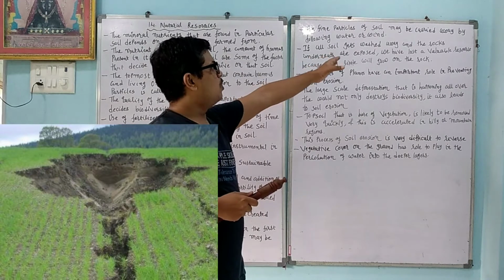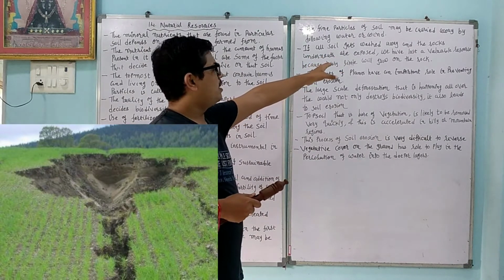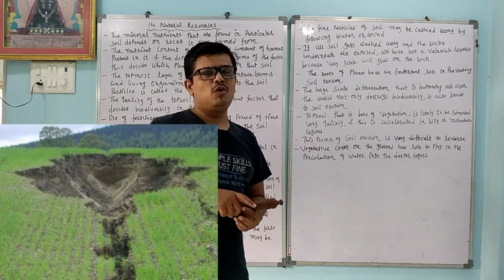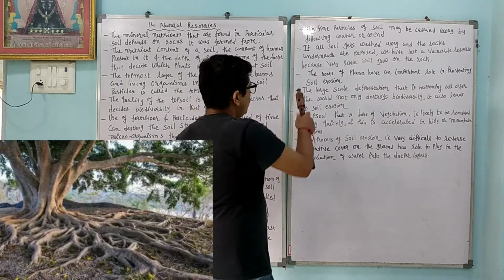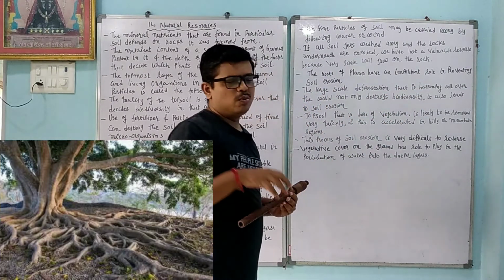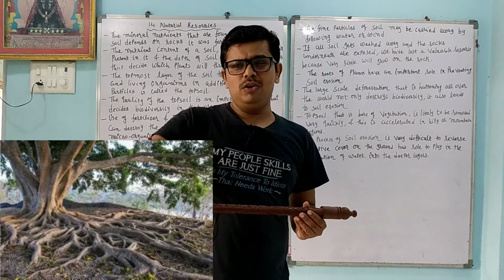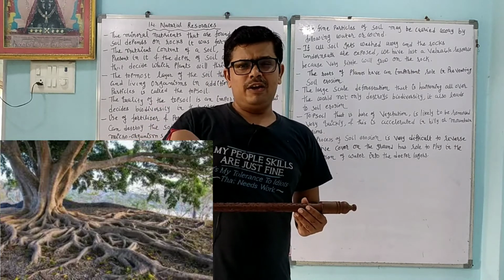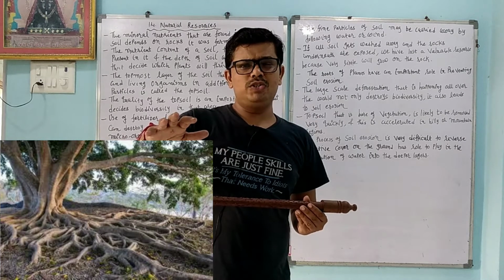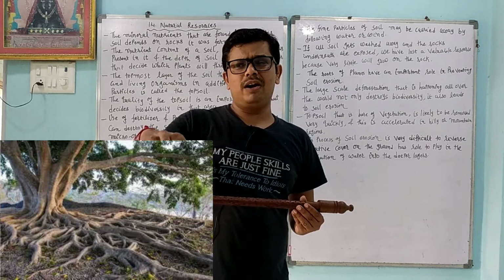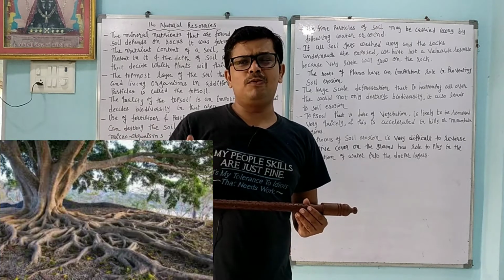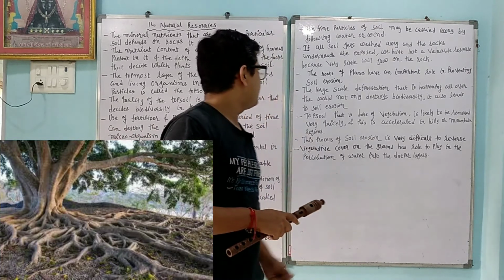Okay, so if the soil is washed away and the rocks underneath are exposed, we have lost a valuable resource because very little will grow on the rock. The roots of the plants have an important role in preventing soil erosion. So what is the function of roots? They hold the soil together, and because of that, if the flow of water is high in a flood situation, the roots hold the soil so tightly that the fertile land is not carried into the river, pond, or ocean.